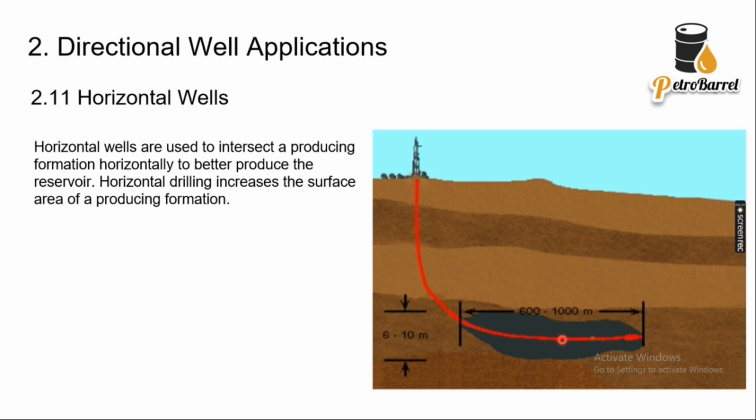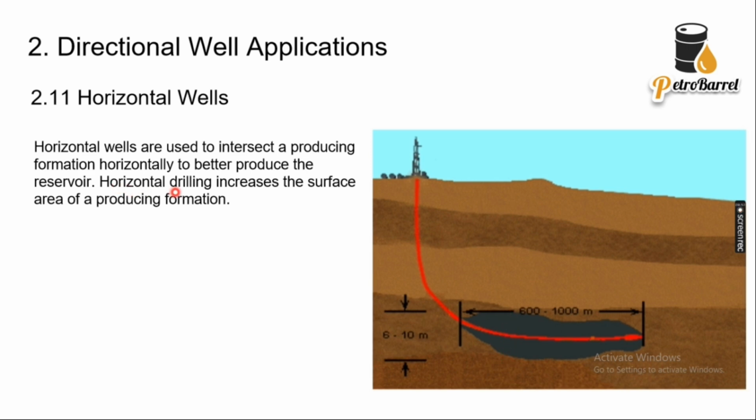So if you can produce from this part, okay, you can produce a lot of barrels of oil in comparison to a vertical well that only produces from the production zone or the contact area in this part only.